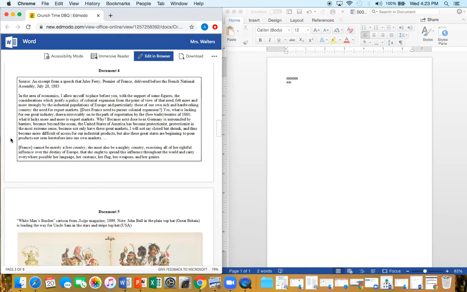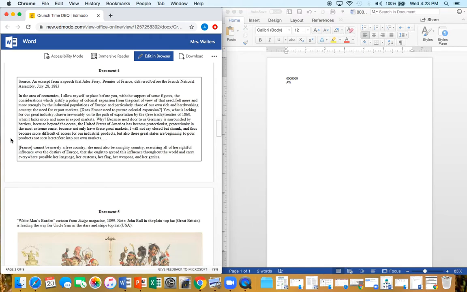Does France need to pursue colonial expansion? Yes. What is lacking for our great industry, drawn irrevocably on the path by exportation by the free trade? We lack export markets. Because next door to us, Germany is surrounded by barriers.